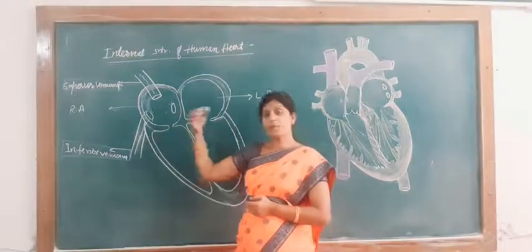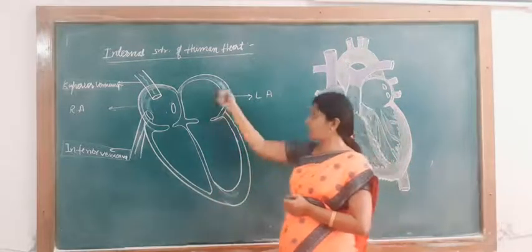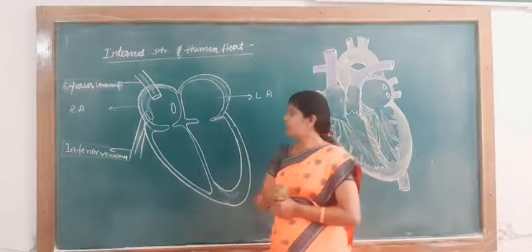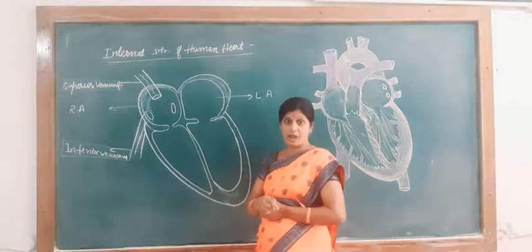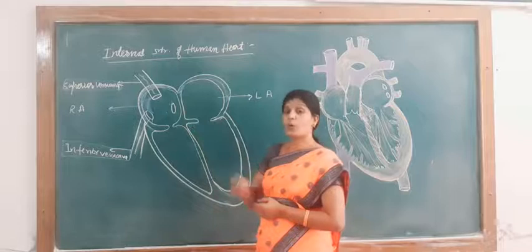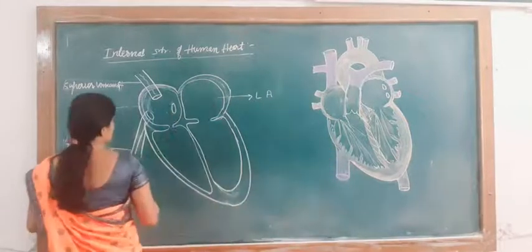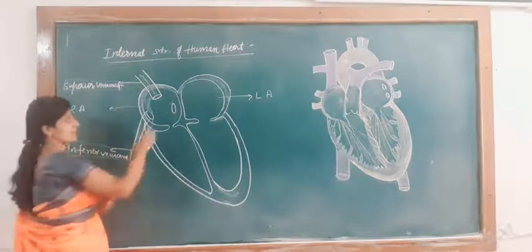Now, as our body requires oxygenated blood, in the same way the working of the heart also requires oxygenated blood, and that blood is supplied by the coronary arteries. The deoxygenated blood is collected by the coronary veins, and all the coronary veins join to form the coronary sinus.